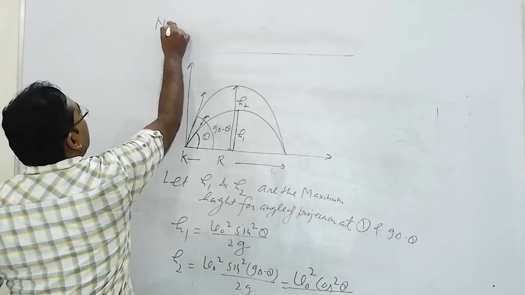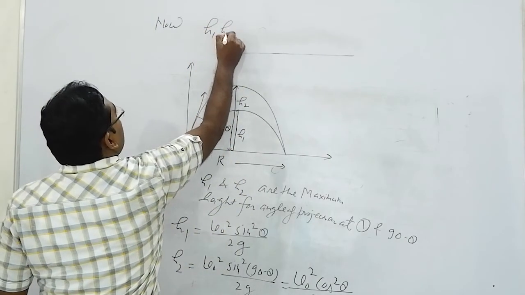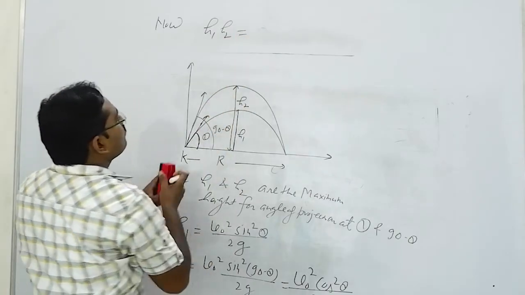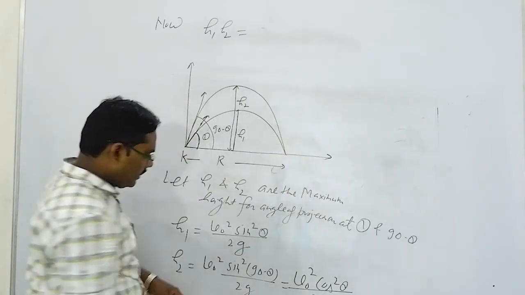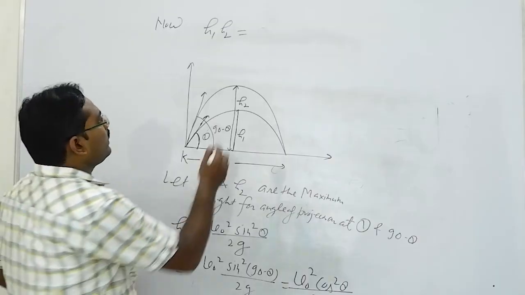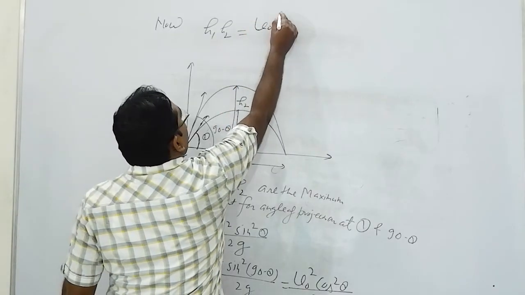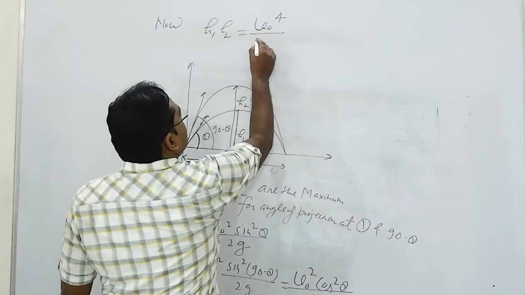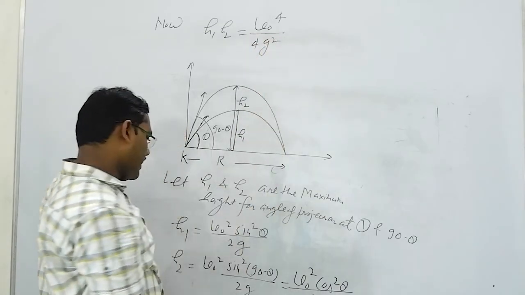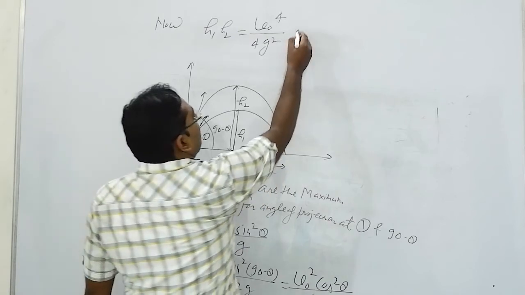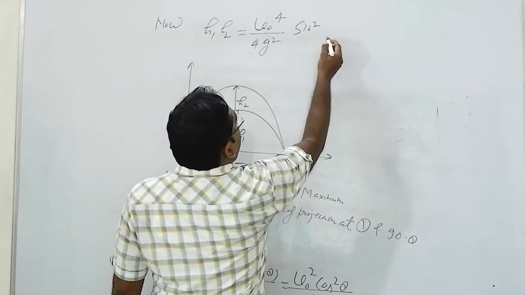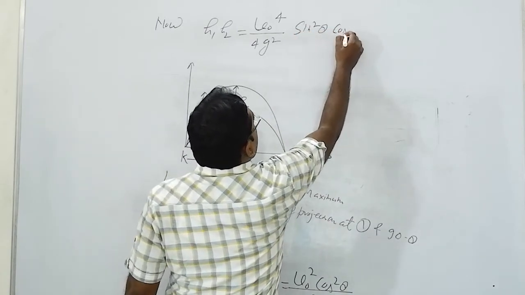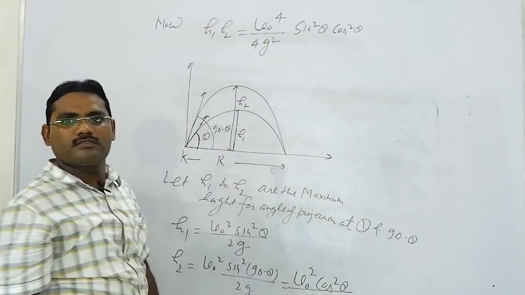Now H1 into H2 is equal to, multiply these two, what happens? v naught power 4 divided by 4g square, and here sin square theta into cos square theta.